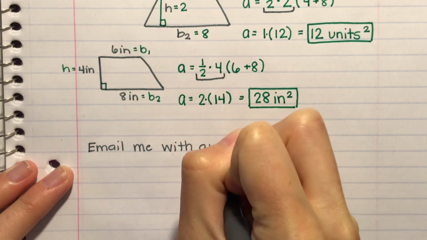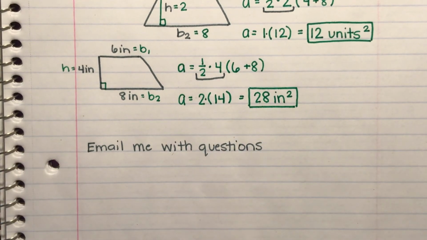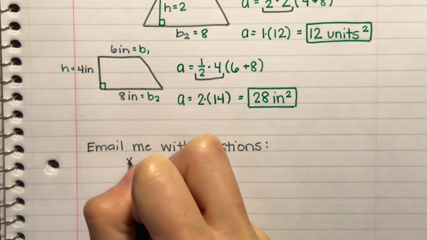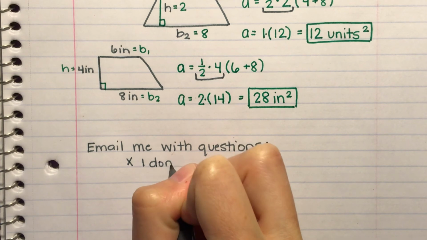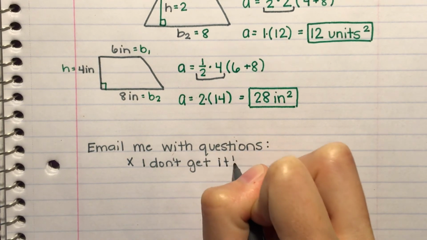But when you email me with questions, your question cannot be, I don't get it. When you tell me I don't get it, I don't know how to help you. So a bad example is I don't get it. Don't email me with I don't get it. Okay?